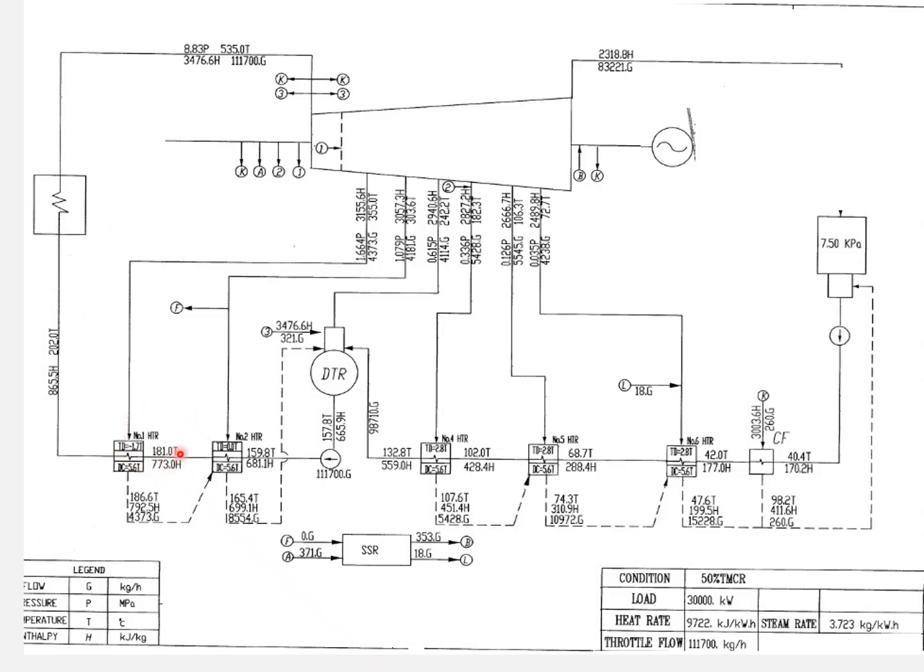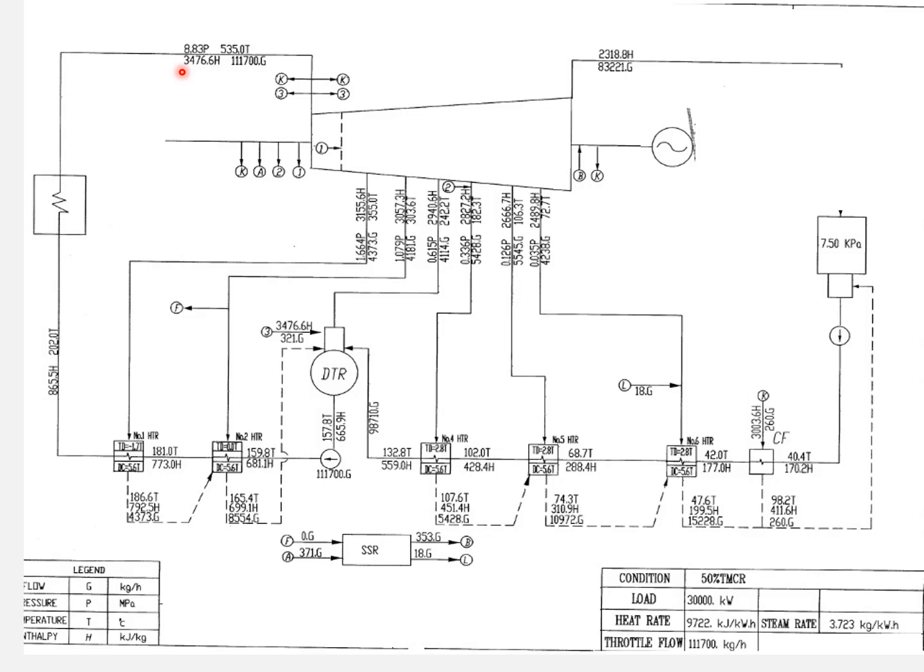Based on these heaters, the water is then supplied to the boiler. From the boiler, superheated steam is supplied at 8.83 megapascals, 535 degrees C, and 3,476 kilojoules per kilogram enthalpy.